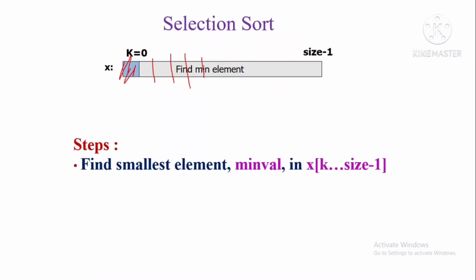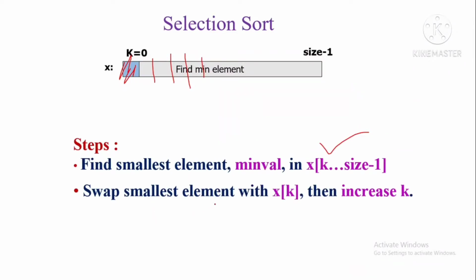The steps are: find the smallest element, that is the minimal value from the set of elements, and then swap the smallest element with the kth element, then increase k. You will be swapping. Suppose here you have got a minimal element, that means you have to swap these two values.